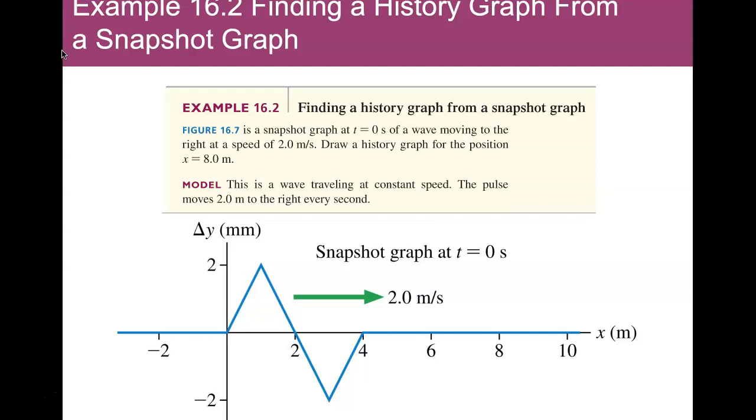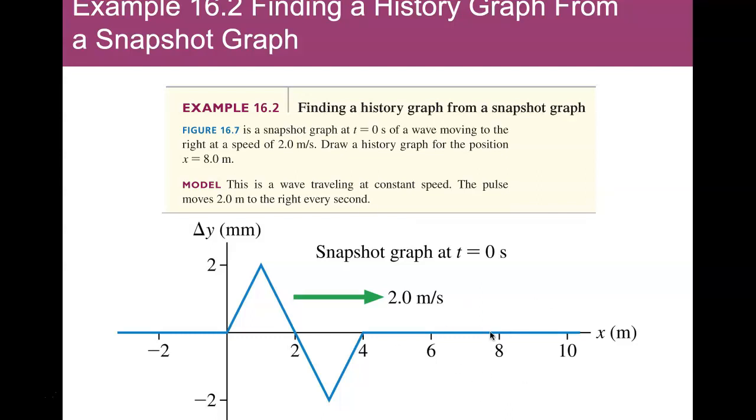All right, so I hope you found the history graph from this snapshot with known speed. All right, so what's happening? We're interested at this point here, x equal 8 meters. So at t equal 0, at any time before that, the displacement is 0, right? The pulse hasn't reached it. When is the first time the pulse reaches that point?